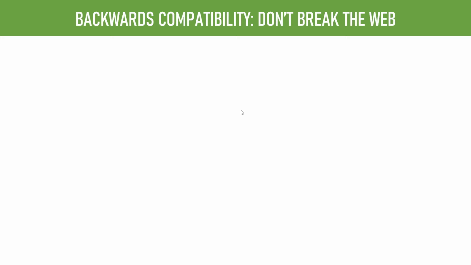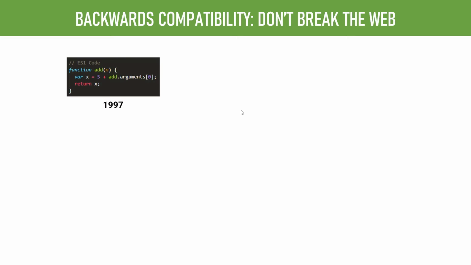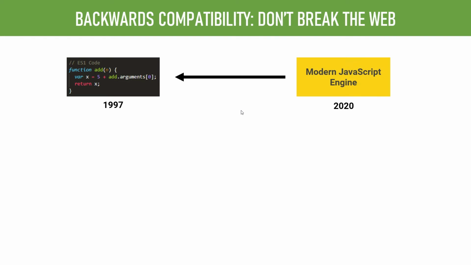So what does that actually mean? Well, basically it means that if you were to take some JavaScript code written back in 1997 and put it in a modern browser with a modern JavaScript engine today, it would still work just the same.